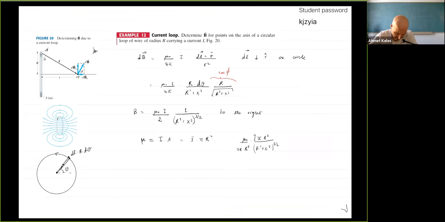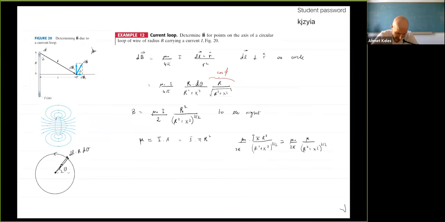Oh, I think I forgot factors of R squared here. Okay, if nobody's fixing my mistakes, I have to do it myself. So here, there's R and R. I forgot to write this. Okay, this is R squared. Good. So this thing is equal to mu 0 over 2 pi mu divided by R squared plus X squared to the power 3/2.